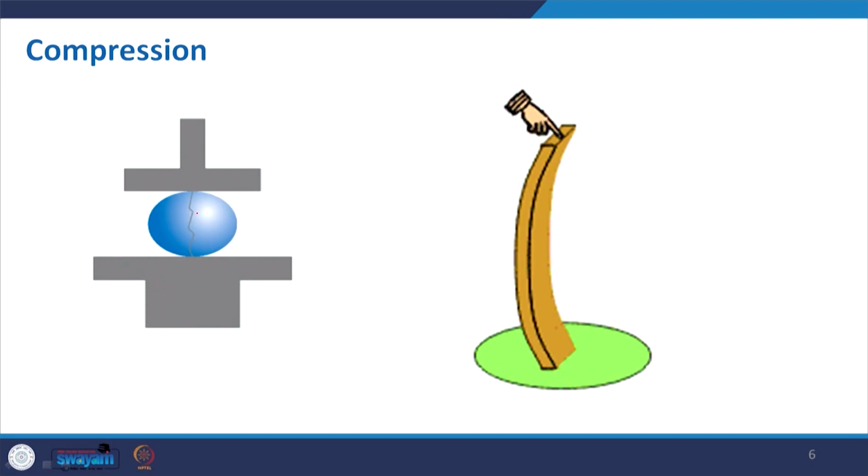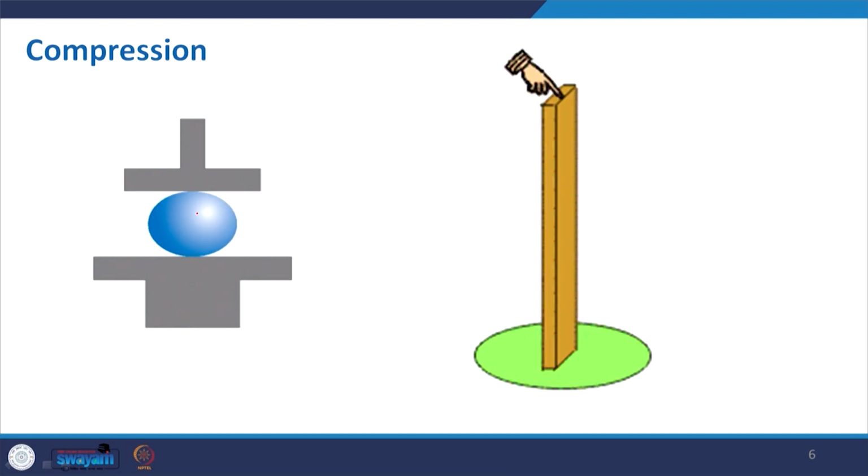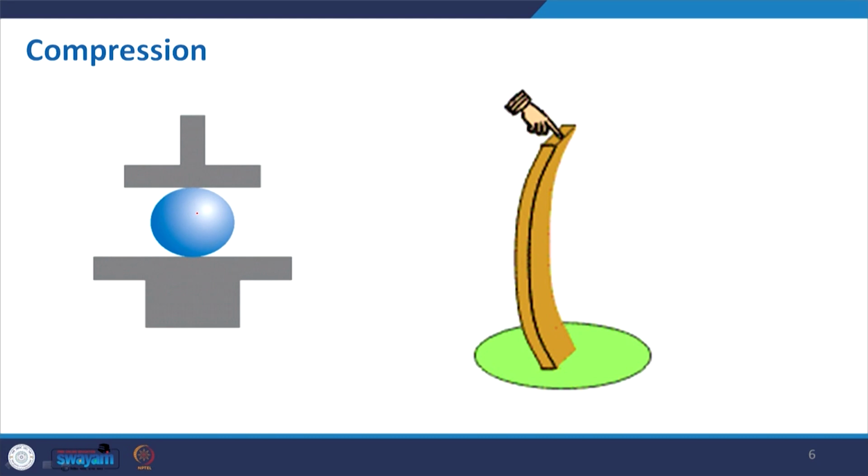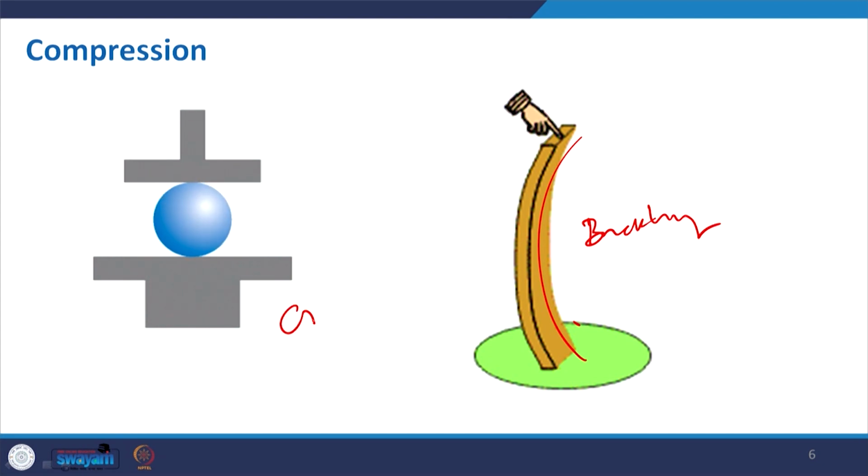After compression it goes to the ultimate stress it can hold, and then it breaks. The other case is an example of a long column, with much more length compared to the cross section, and on applying load it will have buckling. So here it is buckling, there it is crushing.